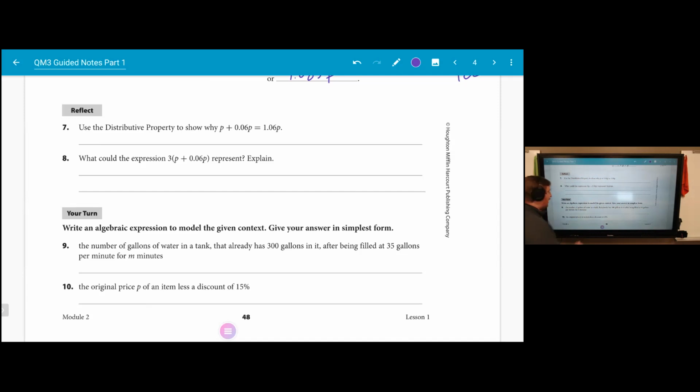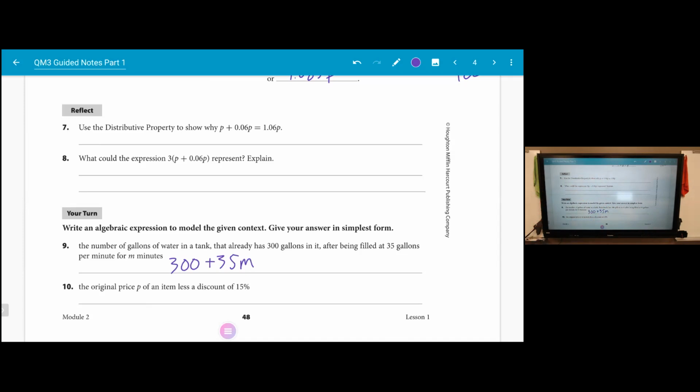So we start with 300 gallons, and to that we're going to add, because it's being filled at 35 gallons per minute, times the number of minutes. Do we know the number of minutes? No, we do not. So 35 times m gives us our expression.